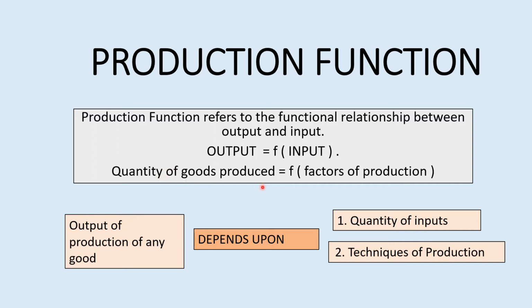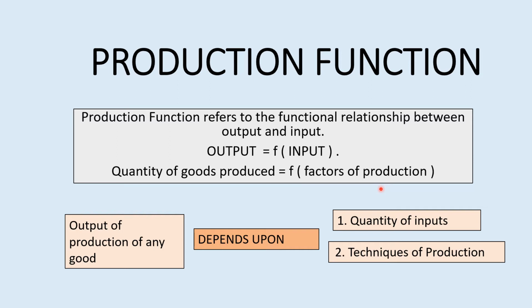Quantity of goods produced will be a function of factors of production. Output here is expressed in terms of quantity of goods produced, right? Supposing you have the production of bed sheets. You have a manufacturing unit in which you produce bed sheets. How many bed sheets will be produced? It totally and solely depends upon the factors of production.